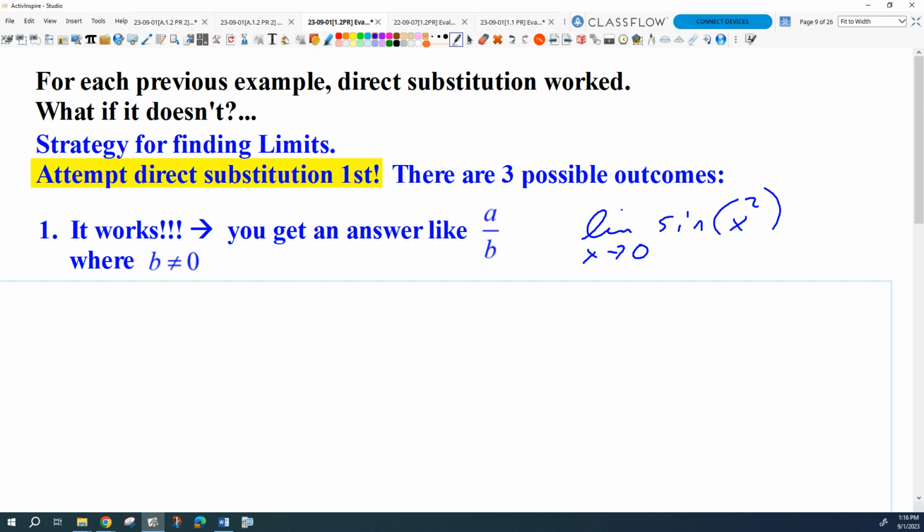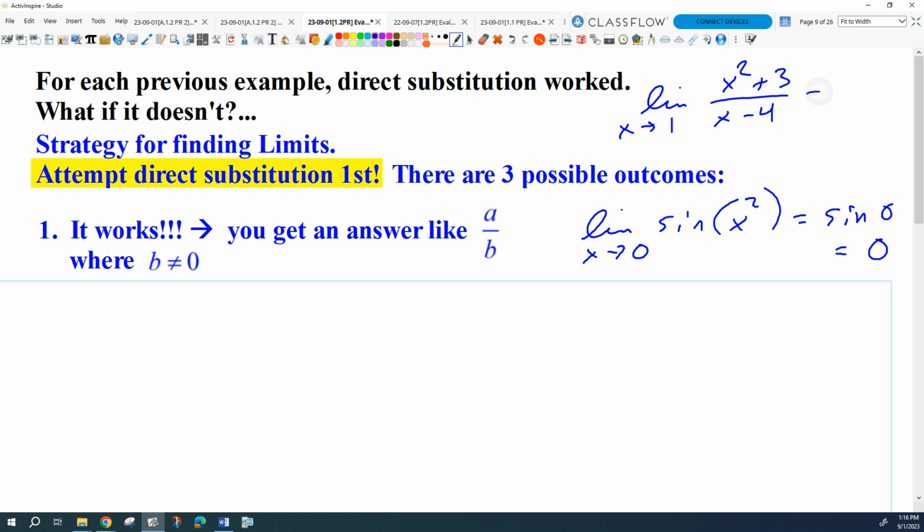Well, I try to evaluate directly. If I evaluate directly, I get sine of 0, which is 0. I'm done. I got a number and I didn't get a 0 on the bottom. Okay. Another one. The limit of x squared plus 3 over x minus 4 as x approaches 1.